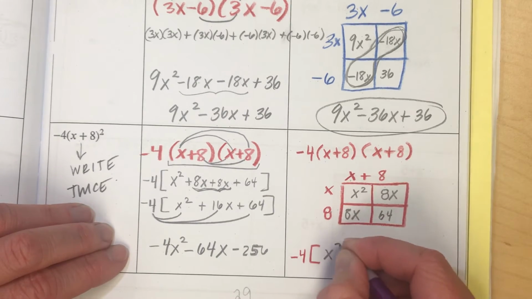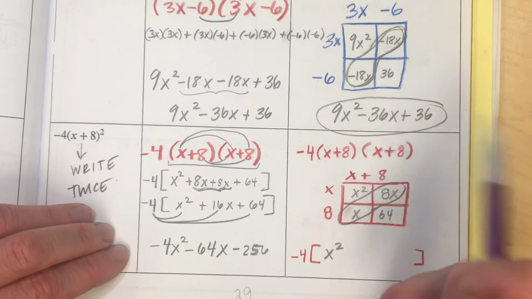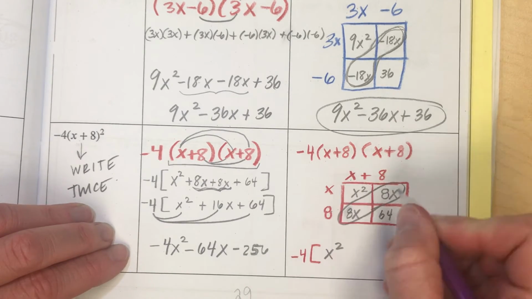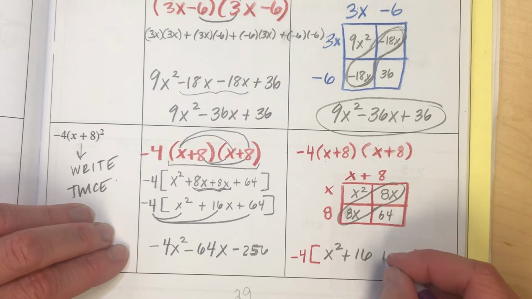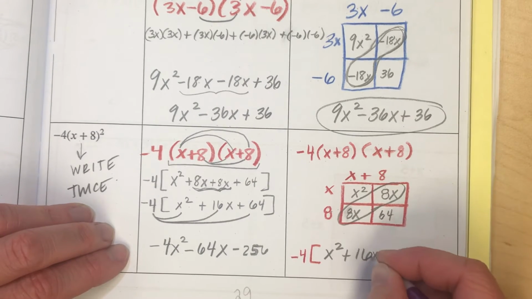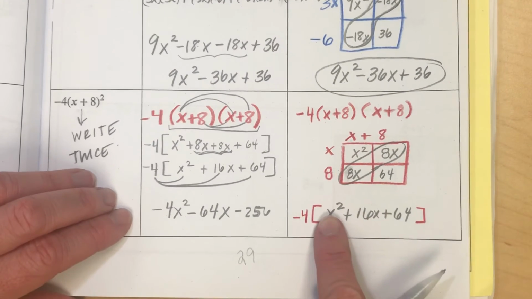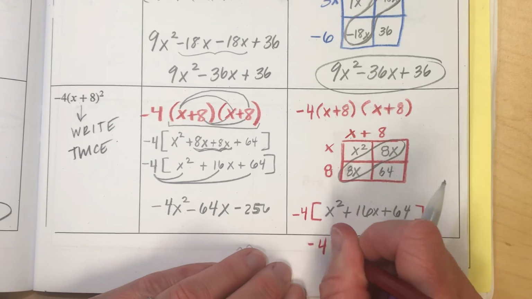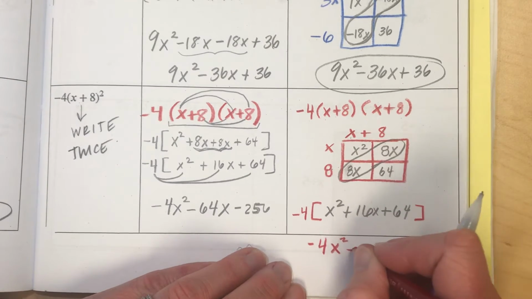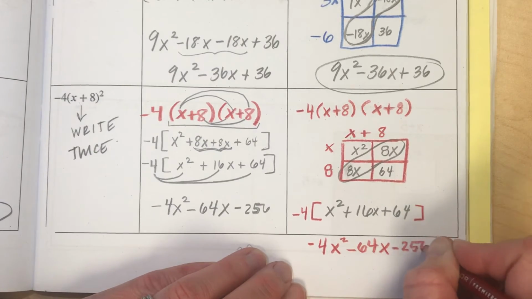So my x squared, 8 plus 8 is 16, and then we have a 64. That was 16x, and then plus 64. And now multiply everything by -4. You're going to see you're going to get the same answer. -4x squared minus 64x and minus 256.